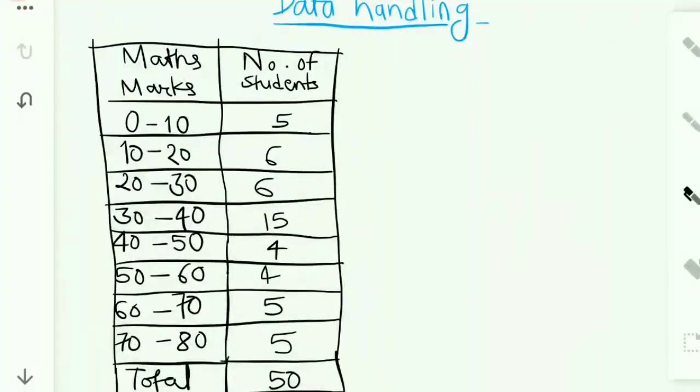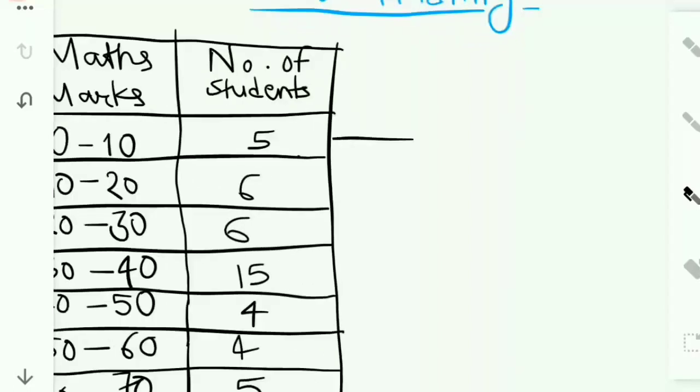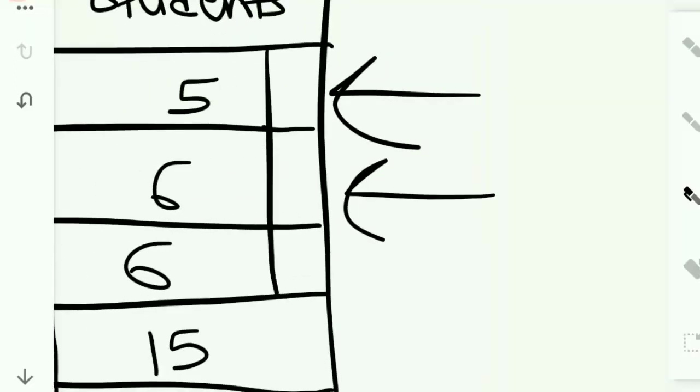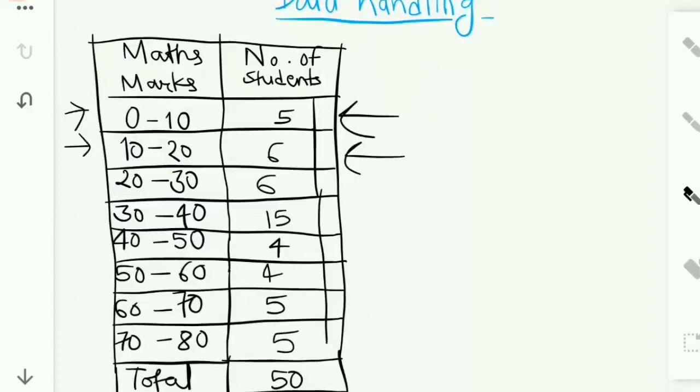Now I have shown marks obtained by students in these brackets. If someone has obtained between 0 to 10, I have counted that student in this column. So this means that 5 students have obtained marks between 0 to 10. In next column, I have counted 10 to 20. In this fashion, I have counted number of students obtaining that bracket of marks, and total students are 50.